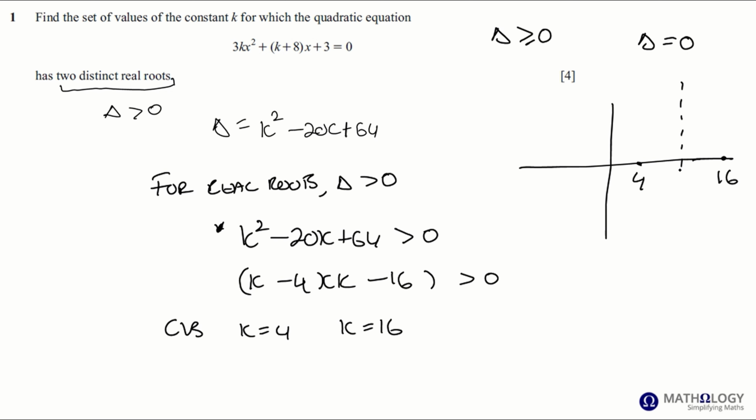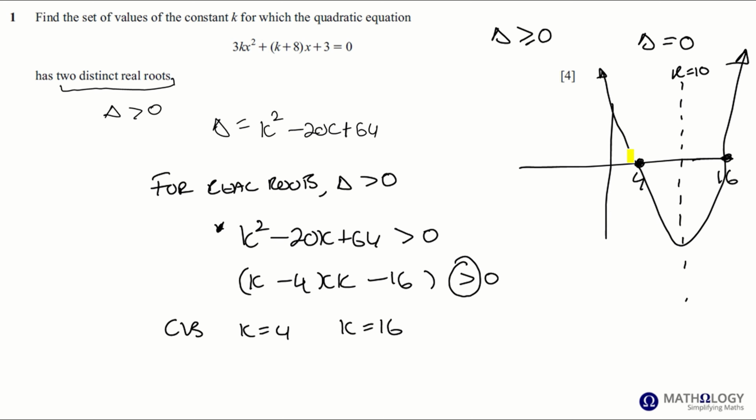The axis of symmetry will be at k equals 10. It doesn't really matter. We just want to know what the function is going to look like. So we're looking for values where the function is positive, the y values are positive. In other words, where does the function lie above the x-axis?